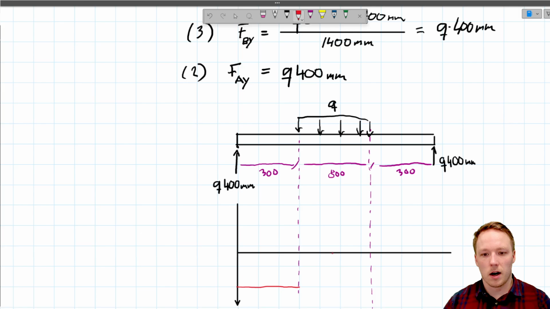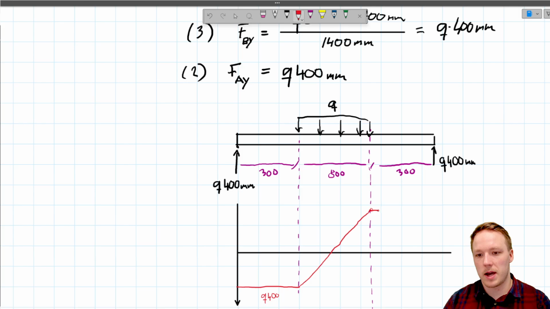When we reach the halfway point, where we have had 400 millimeters of the Q, the Q400, which we had here, will be at 0. Our shear force will be 0 when we are halfway through. And we will continue on this linear slope all the way to here, where we reach negative Q400.